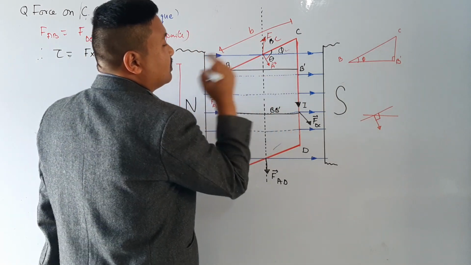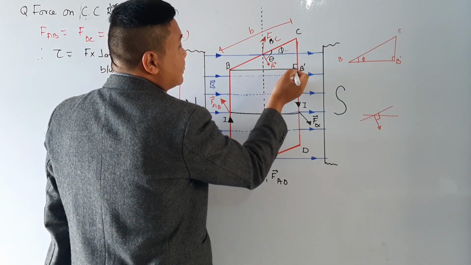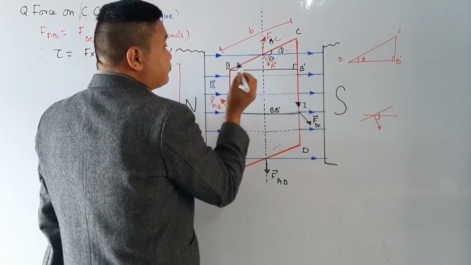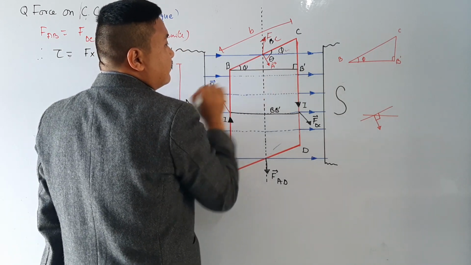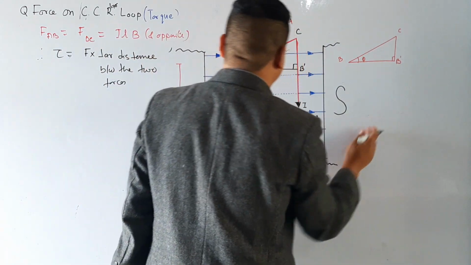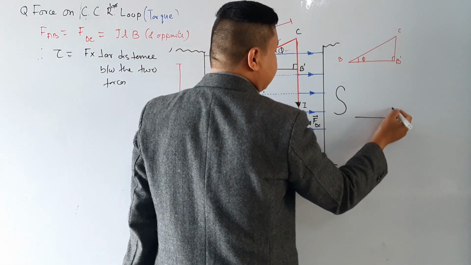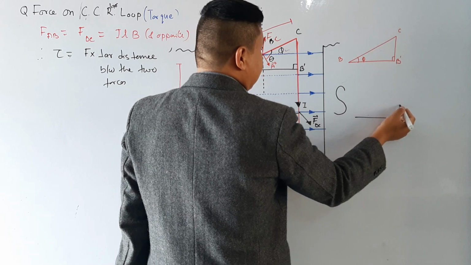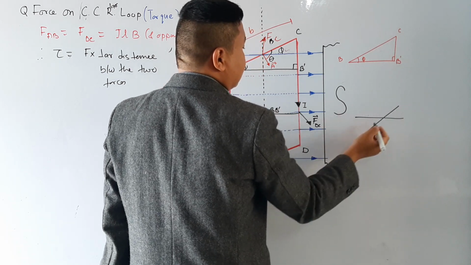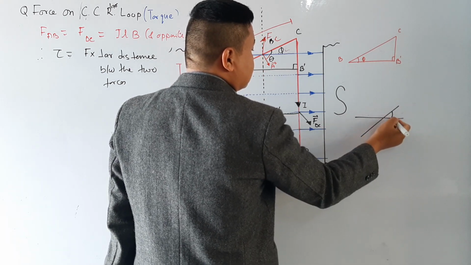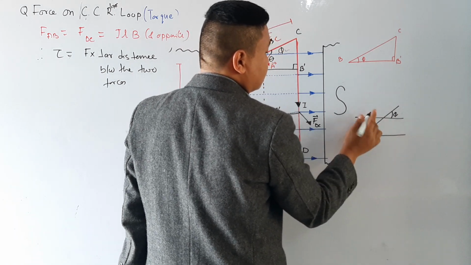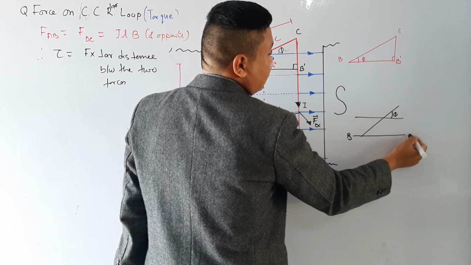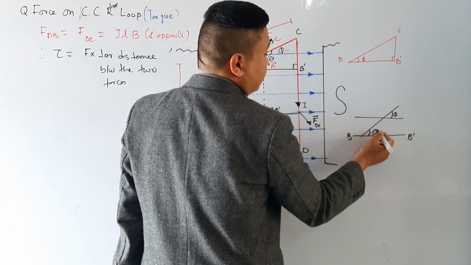And this is also B dash. And this is my 90 degree. Now, if this is phi, then this will also become phi. Why? Because see here, this is magnetic field and this is something like this, and if it is phi and you draw a parallel line with this, okay, this is B dash, and this will also become phi.